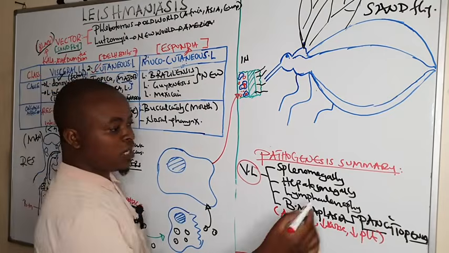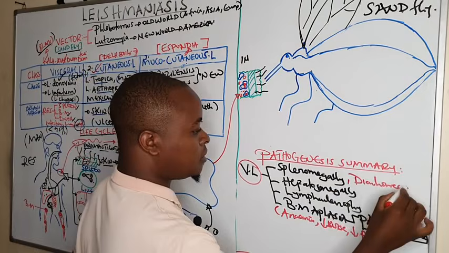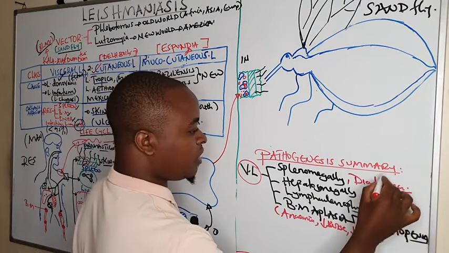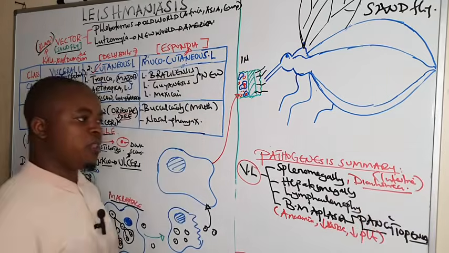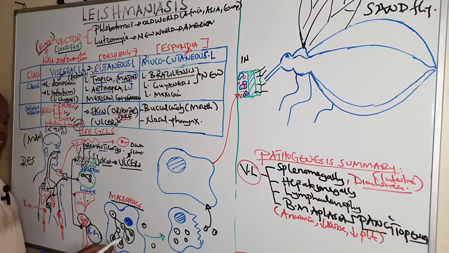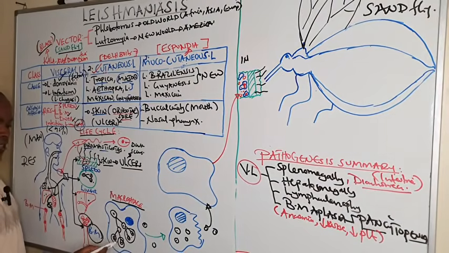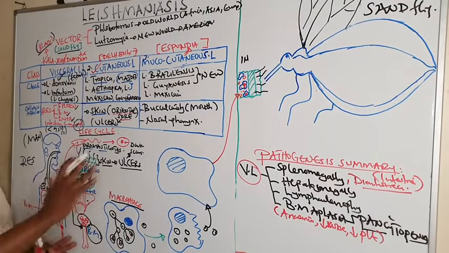And sometimes they can also have diarrhea when the intestines are affected. That is the pathogenesis of visceral Leishmaniasis, resulting from multiplication of the amastigotes within the macrophages of those organs.